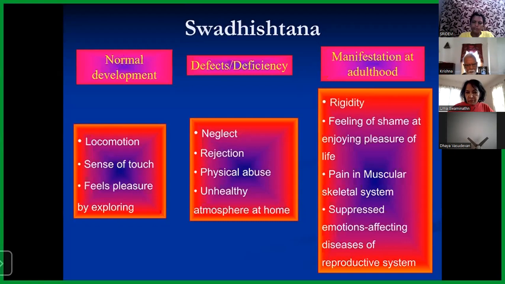Even IBS is likely to happen because of control of emotions or agony at the age of 1 year, 1.5 years, where Swadhisthana starts. These are all the things that are likely to happen.